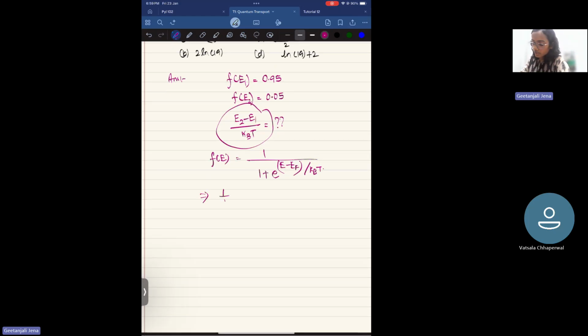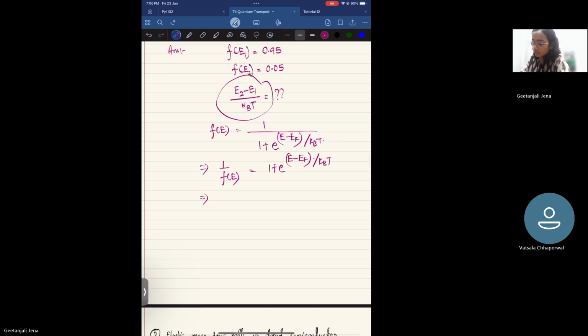If you take the inverse, 1 by f of E is 1 plus e to power (E minus EF) by KBT. From this, we can get (E minus EF) by KBT as 1 by f of E minus 1, which is (1 minus f of E) divided by f of E.